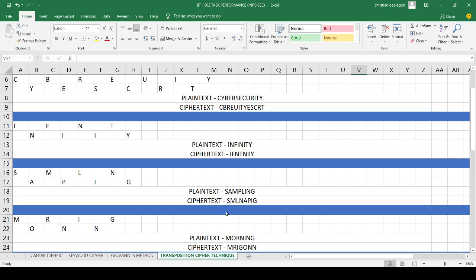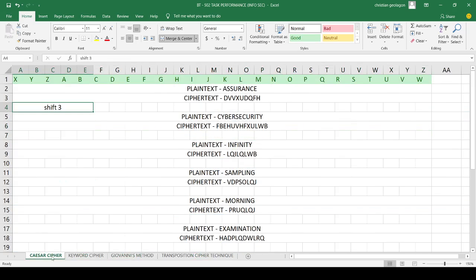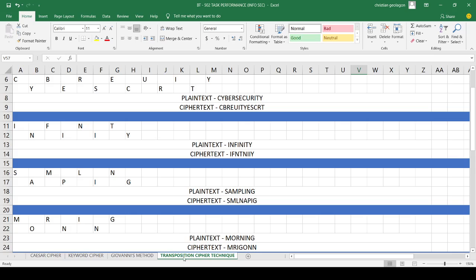This technique is not like the previous three, so we don't use the letters above.